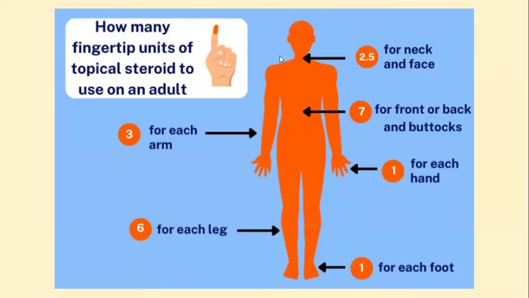That is, for face and neck, 2.5 fingertip units; 3 fingertip units for each arm; 6 fingertip units for each leg; 1 fingertip unit for each foot; 1 fingertip unit for each hand; and 7 fingertip units for the front or back and buttocks. 7 for the front of the chest and abdomen, and 7 for the back and buttocks.